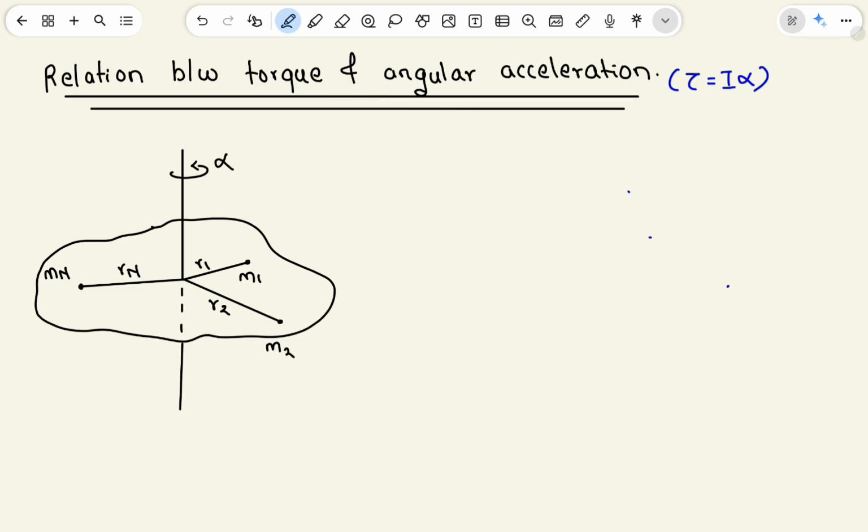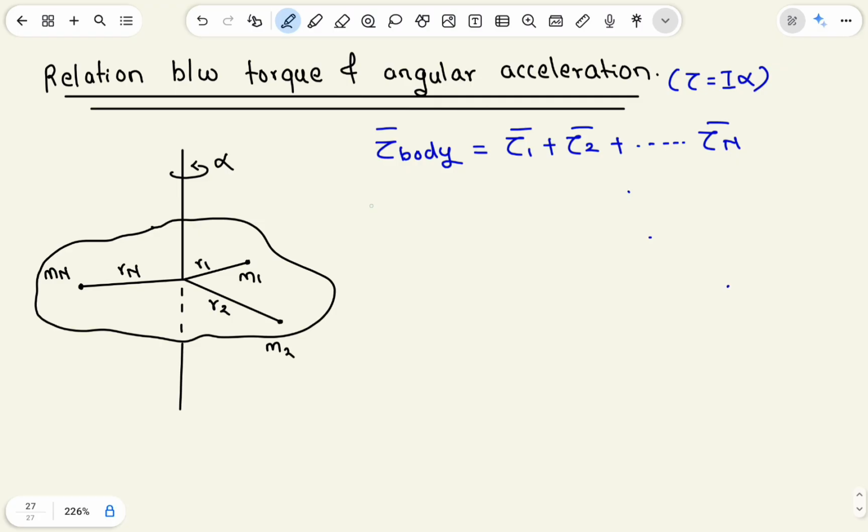The concept that we are going to use to calculate the torque acting on the rigid rotating body is to find out the torque acting on each and every particle, and then do vector addition of all those torques. So tau body will be nothing but tau 1 plus tau 2 and so on up to tau n. We calculate the torque on each particle and do the vector addition to find the total torque acting on the rotating body.